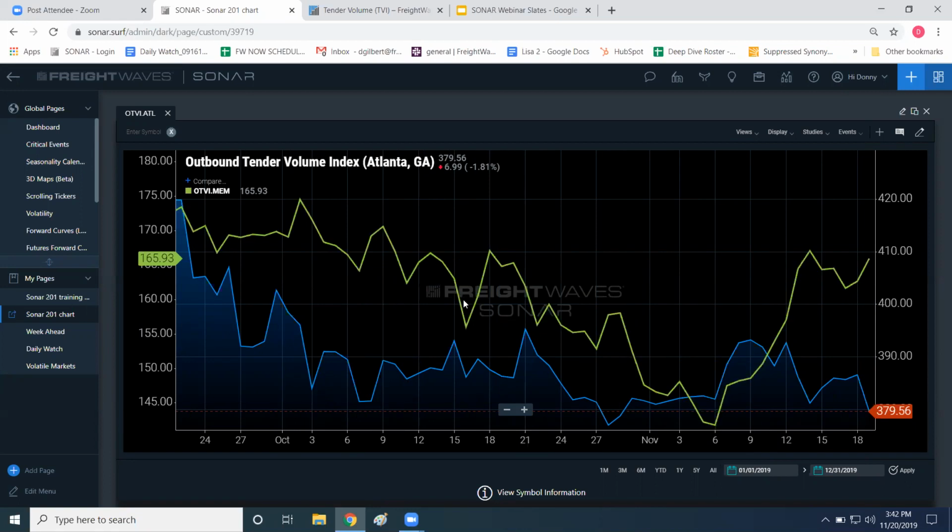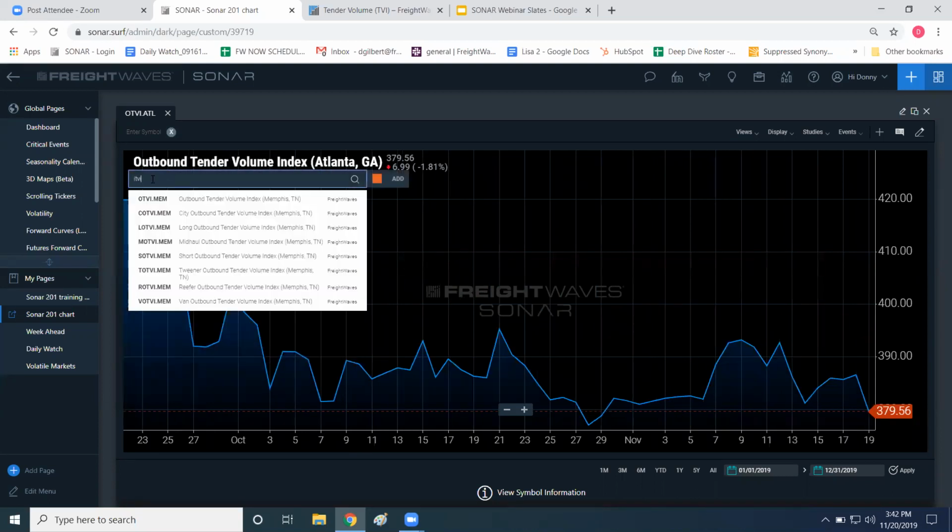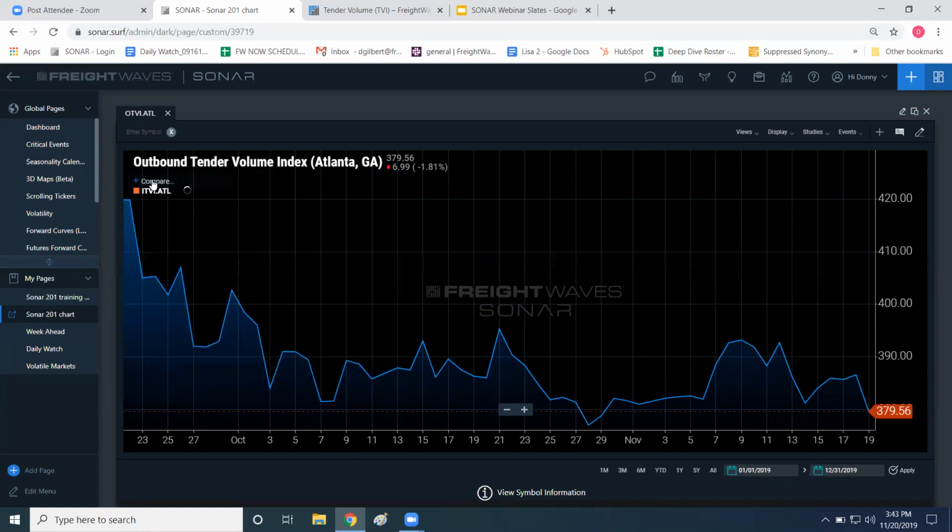So again, we can see how the ups and downs compare between the Atlanta market and the Memphis market. Here, the Atlanta market has trended downward over the last few weeks, and the Memphis market is actually starting to trend upwards. So again, a lot of information on what's going on in volumes. If you want to as well, we could exit out and look at the inbound tender volumes, ITVI.ATL.